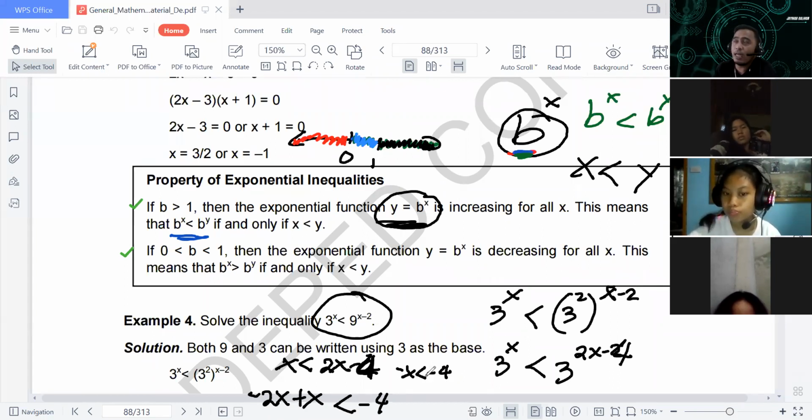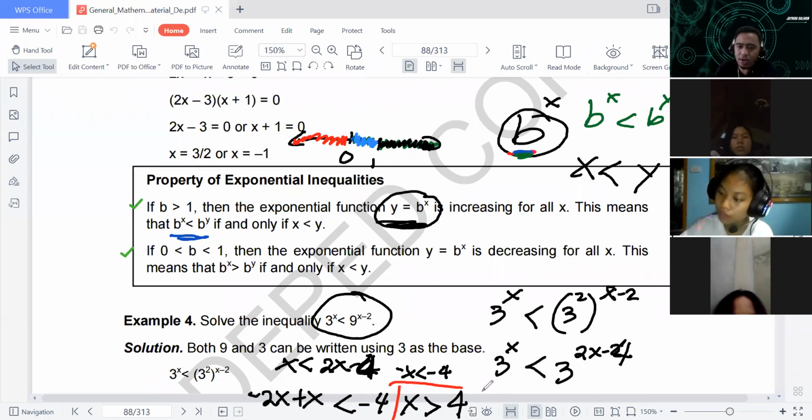Remember, in the inequality, if you divide by a negative number, the inequality changes to its opposite direction, right? So if you divide both sides by negative 1, it will be positive x, it will be positive 4, but the inequality will be in its opposite direction because you multiplied by a negative. So your answer will be this one.